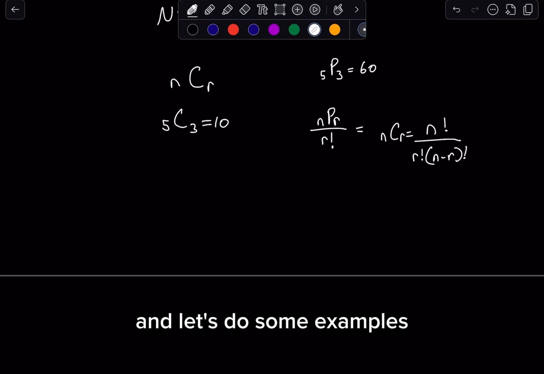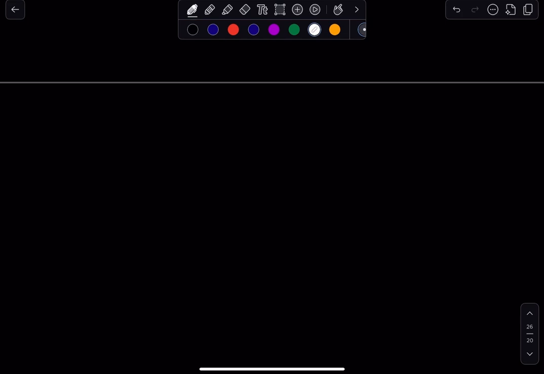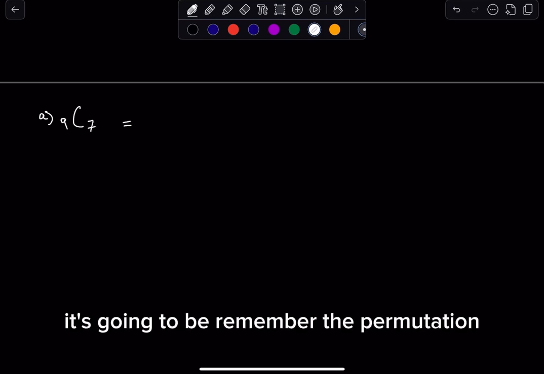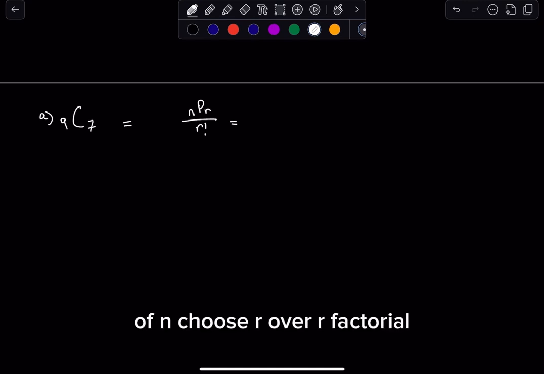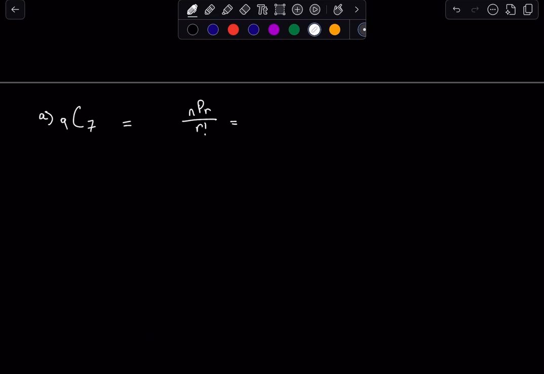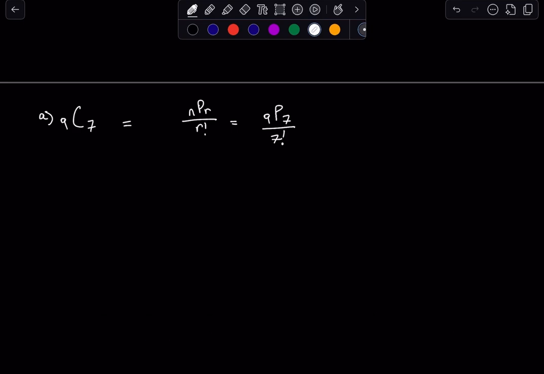And let's do some examples. So 9 choose 7 is going to be, remember, the permutation nPr over r factorial. And so we get 9P7 over 7 factorial.